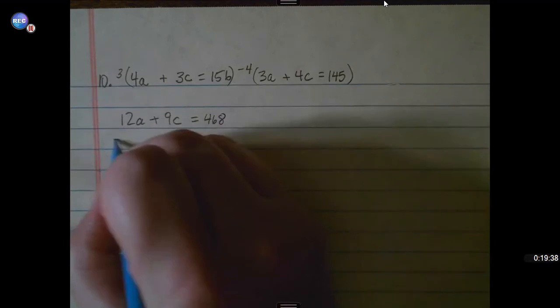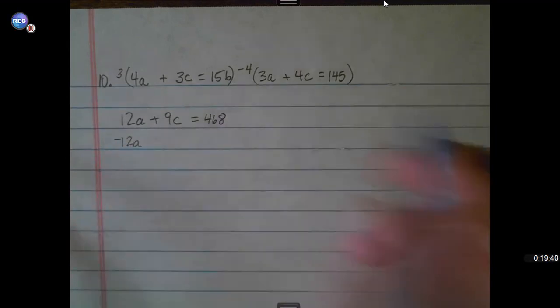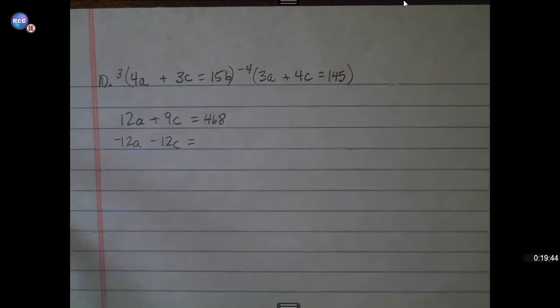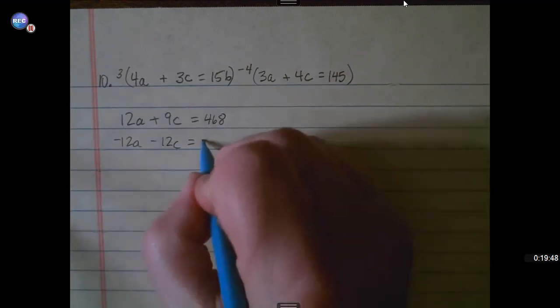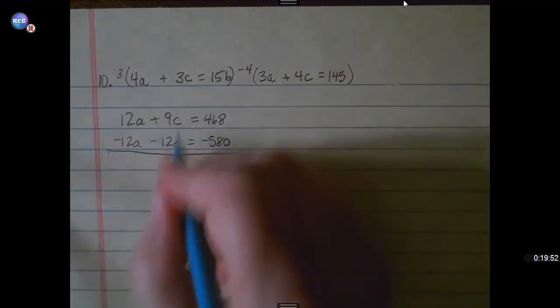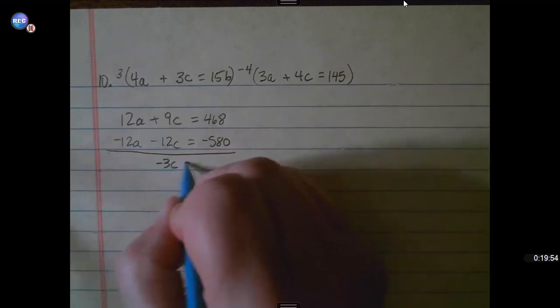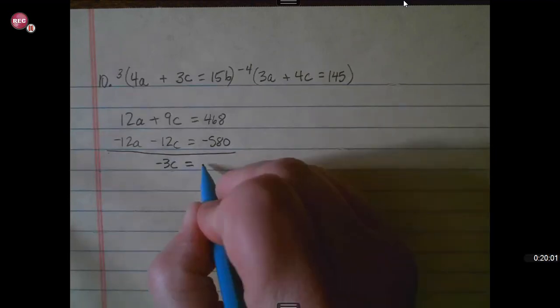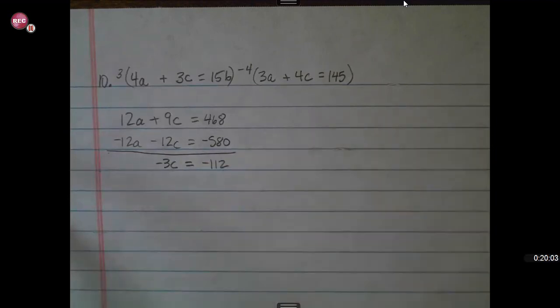And -12a minus 12c equals -580. We add those together, the a's drop out. I get -3c equals -112.